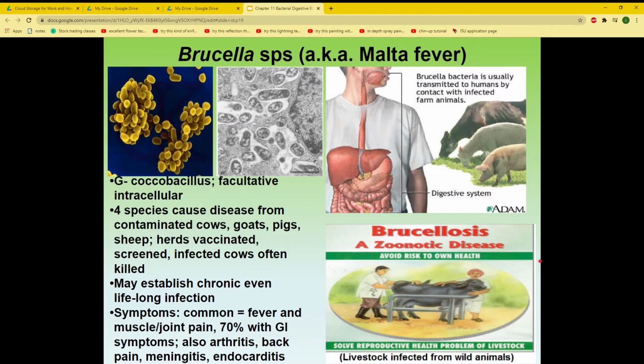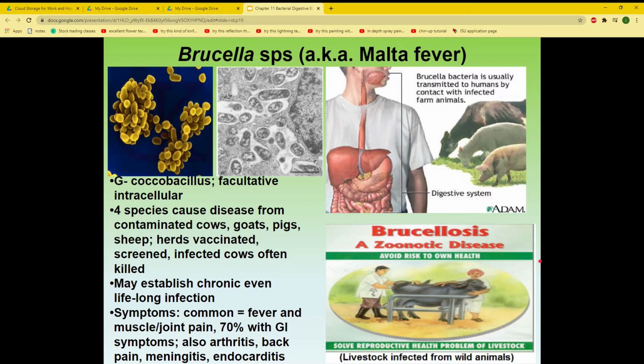You generally will have some GI symptoms, but not always. Arthritis, back pain, meningitis. It can then even make its way into the heart and inflame the lining around the heart and cause endocarditis. So it is an issue.